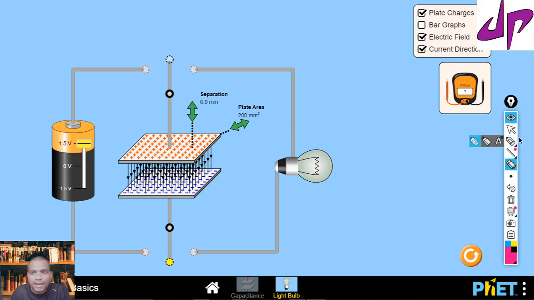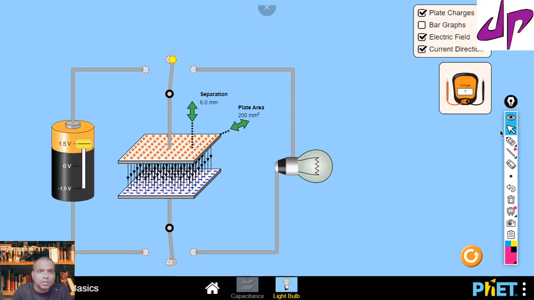Suppose I connect it to a source. Here the source is my bulb. Now if I connect this to the bulb, what happens? What is the potential difference here?